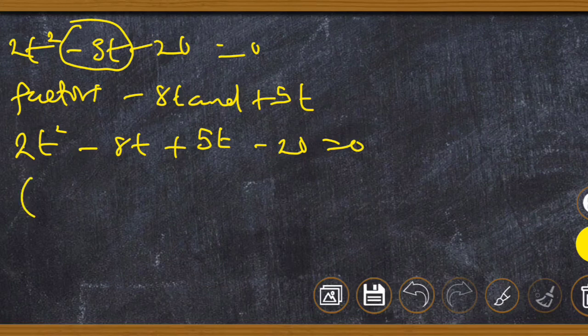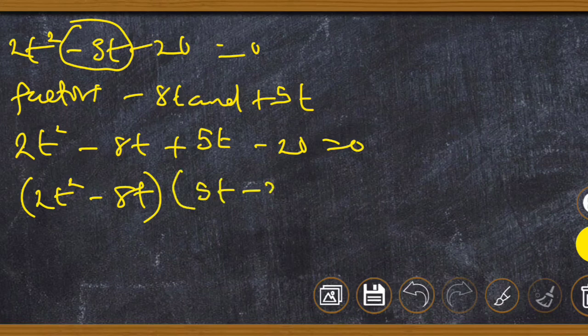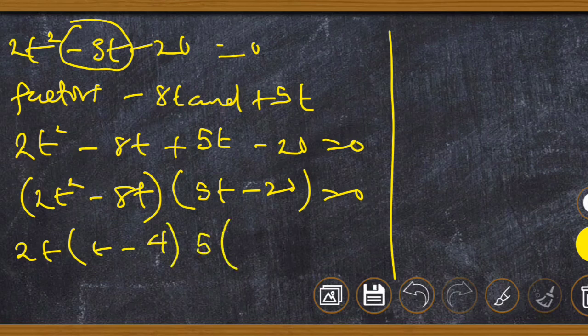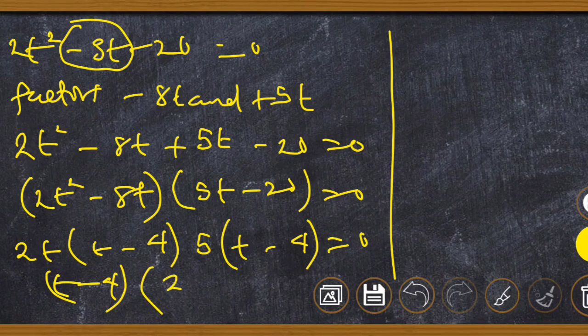And then 2t is common, t minus 4, then 5 is common, so we have t minus 4, everything equals 0. So the final equation should be t minus 4 into bracket 2t plus 5 equals 0.